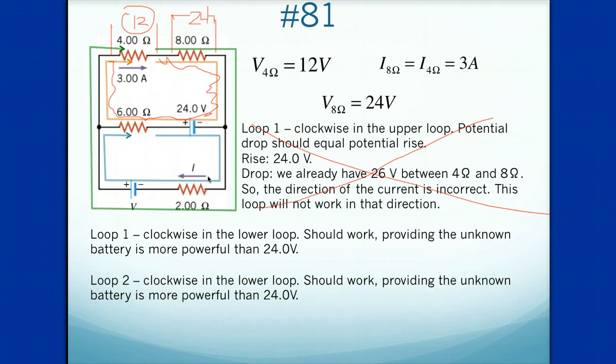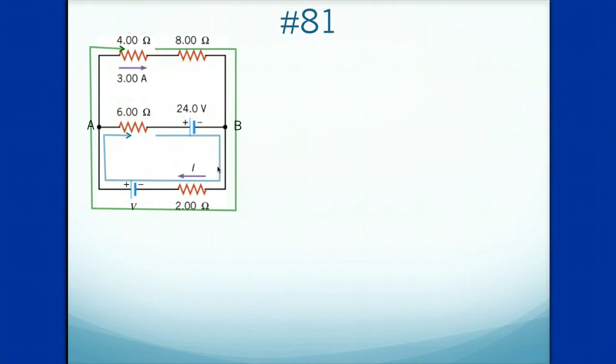So if you look at here, my current starts over there, then part of it goes through this, and part of it goes through this junction. So these are the two established loops that work for us.